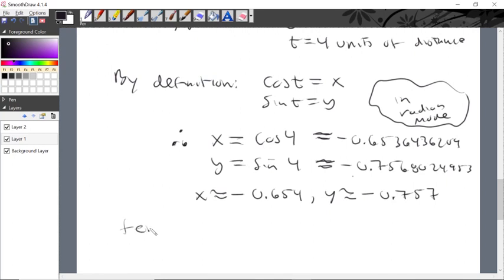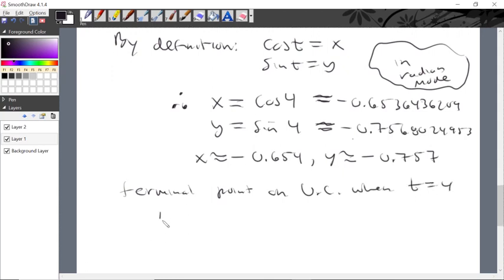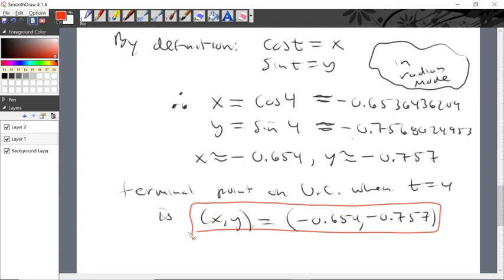The terminal point on the unit circle when t is equal to 4 is the point with coordinates x, y, where it's approximately negative 0.654, comma, negative 0.757. So by this new definition of the trigonometric functions, we are able to associate the coordinates of a terminal point to the distance that was traveled along the circular path.